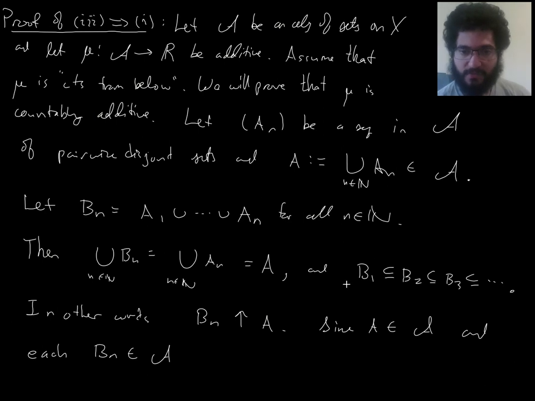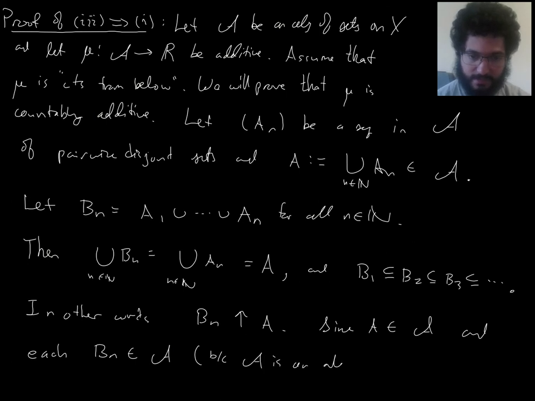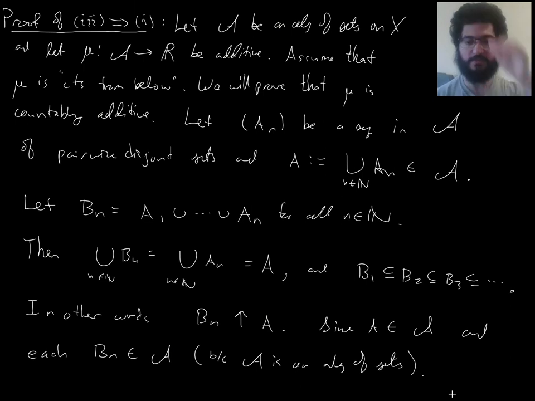Well, the Bn's are finite unions. They're defined to be finite unions of these A's, which are in fancy A, right? Fancy A is an algebra of sets, so it's closed under finite unions. So each one is in there. Let me make it a parenthetical comment, because this is an algebra of sets. So it's closed under finite unions.